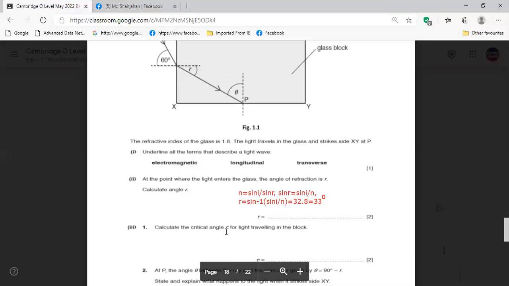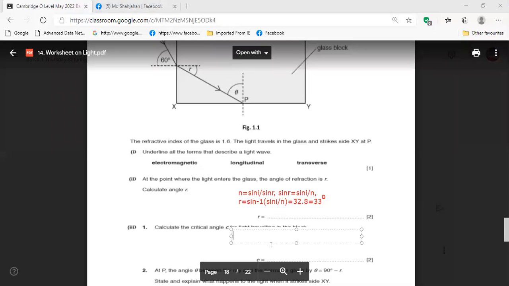Okay, sir. Farabi, what you got? 39. How you got 39? This way, right? Sine inverse of 1 by 1.6. 1 by sin c, right? Yes, sir. Then how can you rearrange? Sin c equals 1 by n, like before.